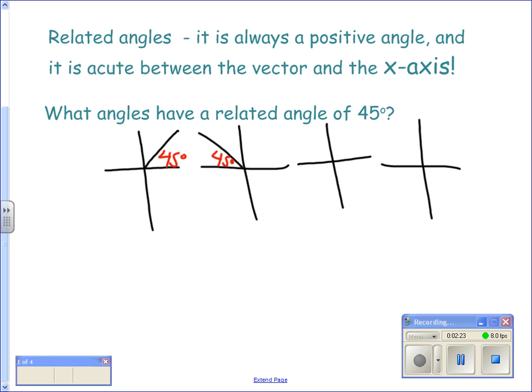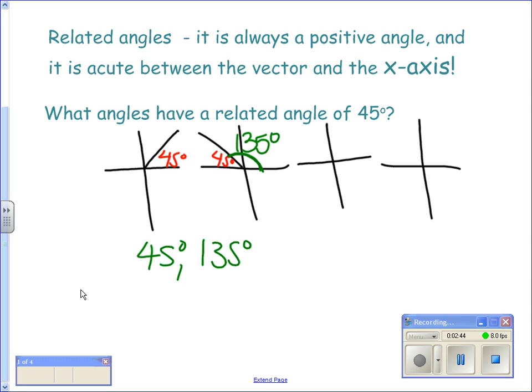Okay, but what angle did we have to use to get to that vector? 135. So 45 degrees and 135 are related. They both have a reference triangle of 45 degrees.